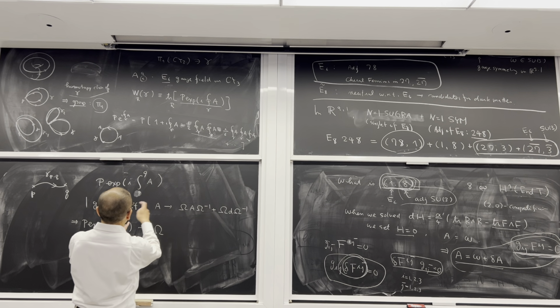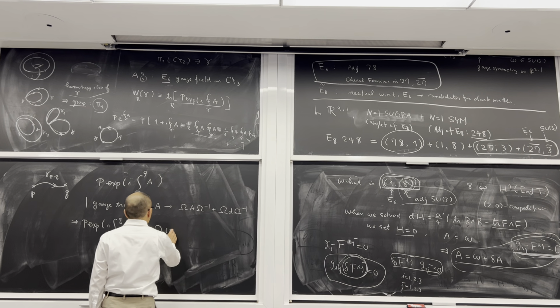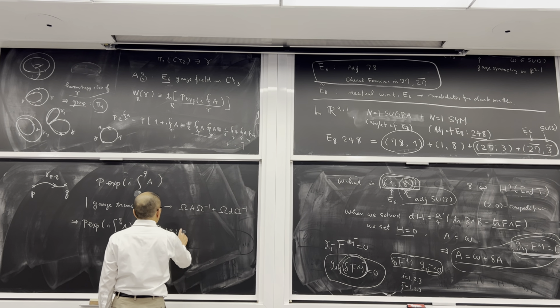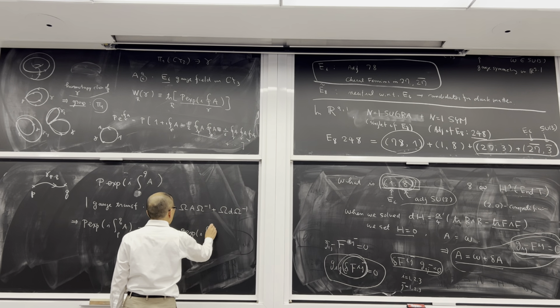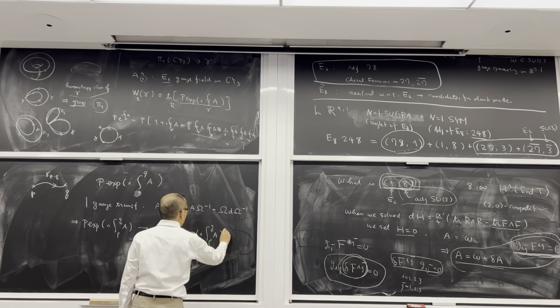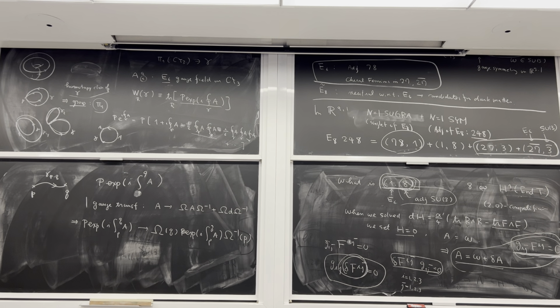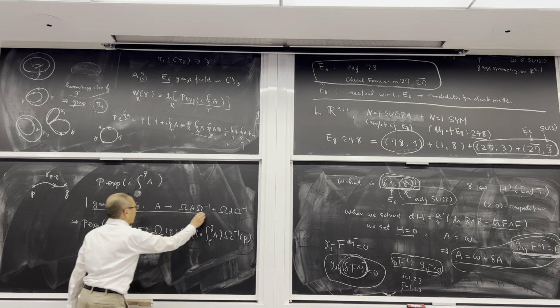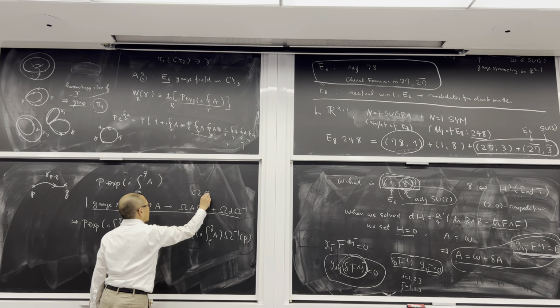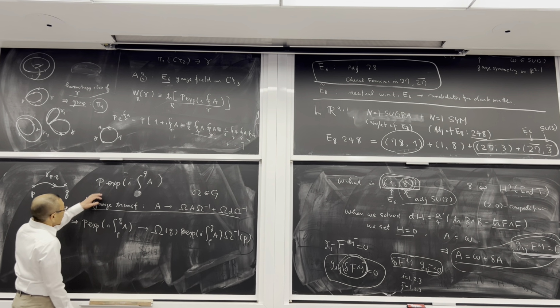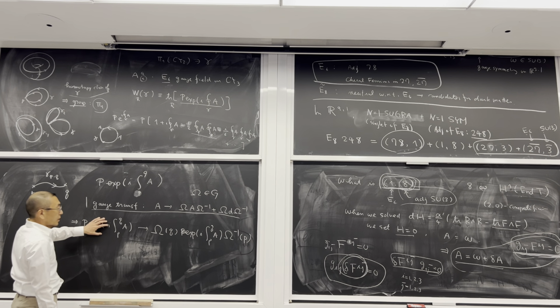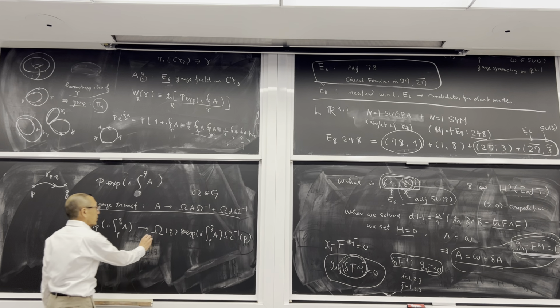So I think it comes to omega of P, the path ordered exponential of i integrated from P to Q of A, and omega inverse of Q. So you can check by yourself relatively easily that if you do this gauge transformation for omega in the gauge group, then this path ordered exponential transforms in this way. Okay?